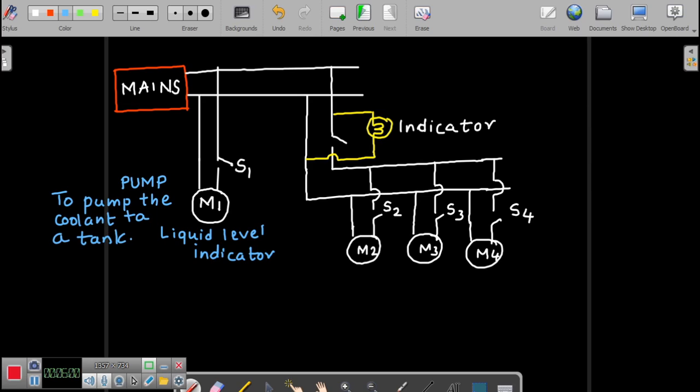And these three, M2, M3, M4, are the working machines.